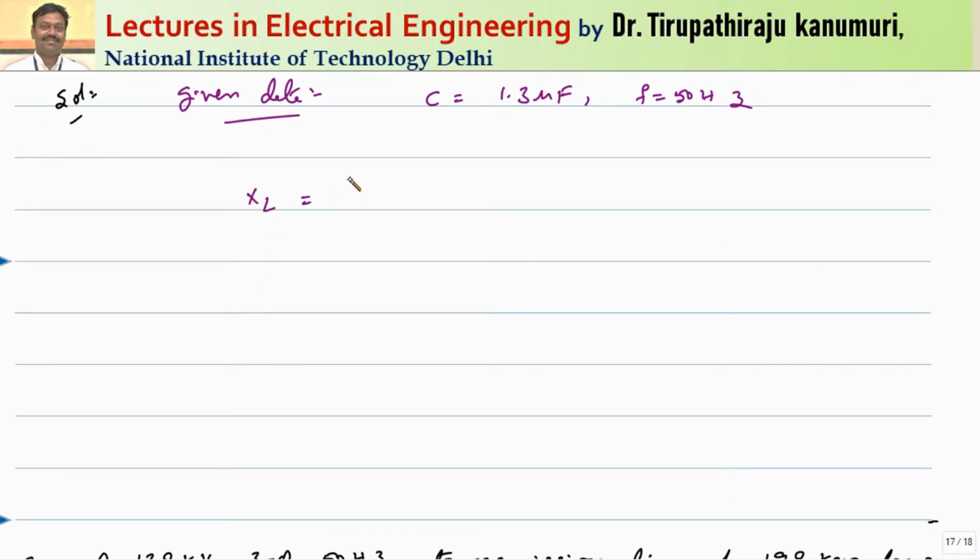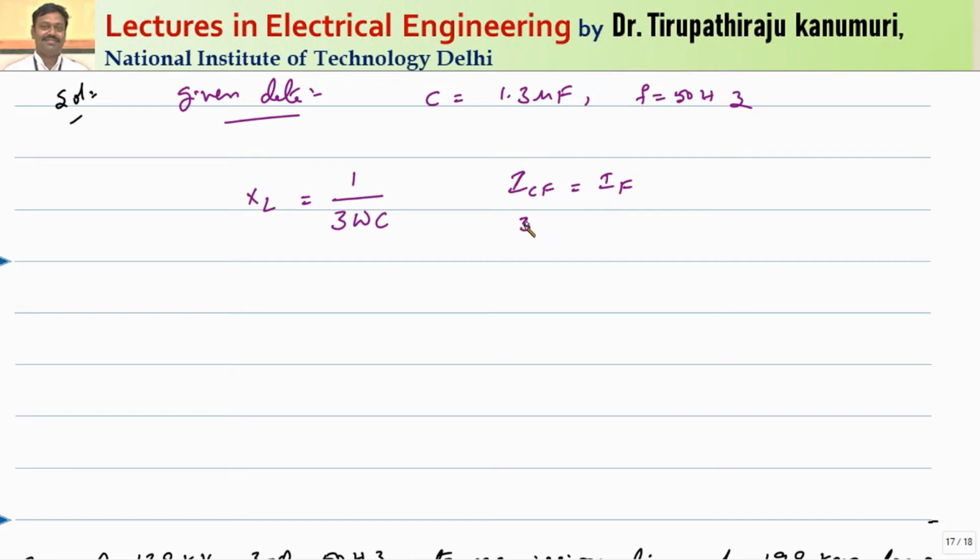We know XL is equal to 1 by 3 omega C. This is already known to us because the value of the fault current should be equal to the value of the capacitive current. From that, the formula came. How did this formula come? It is from ICF equal to IF. How does ICF come?